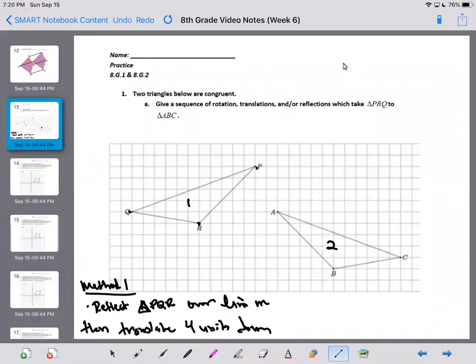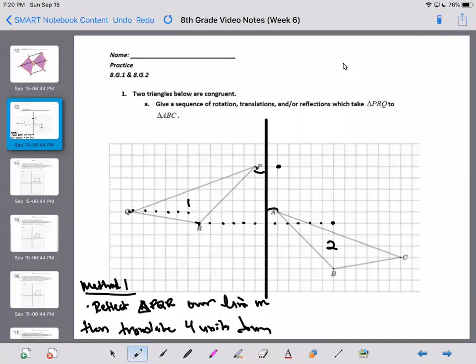We're going to reflect it over this line because that was 1 unit away and this is 1 unit away. So when we reflect P, we're reflecting it over here. When we reflect R, notice it's 1, 2, 3, 4, 5, 6. So 1, 2, 3, 4, 5, that's where R is going to be. And then Q is 6, 7, 8, 9, 10, 11, 12.